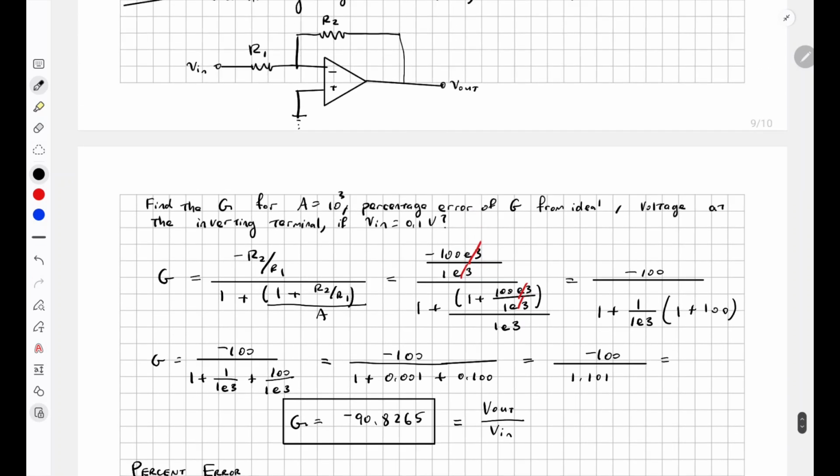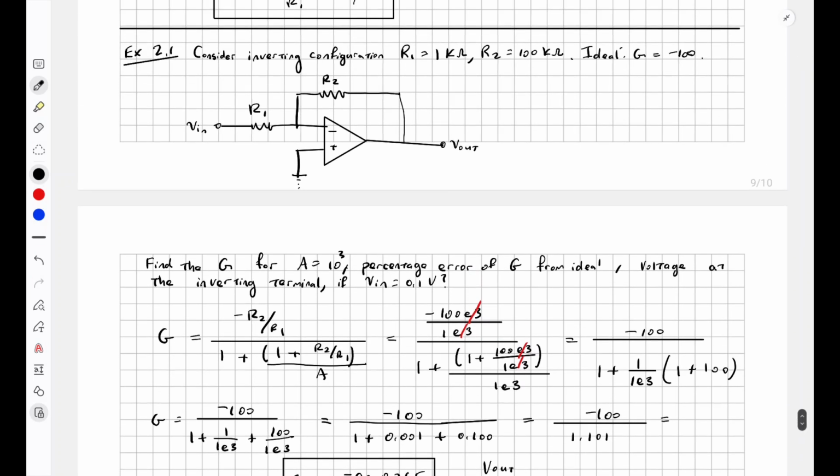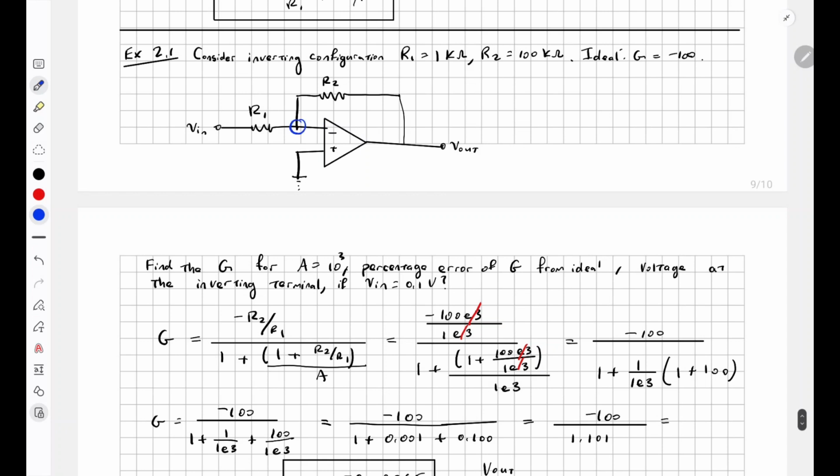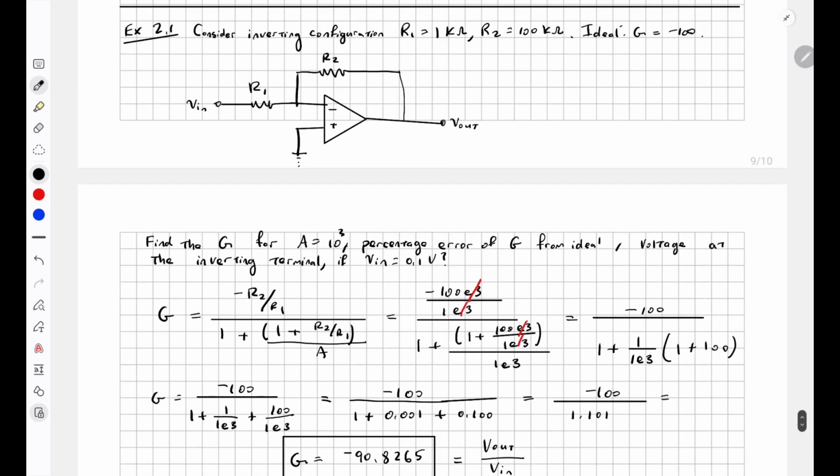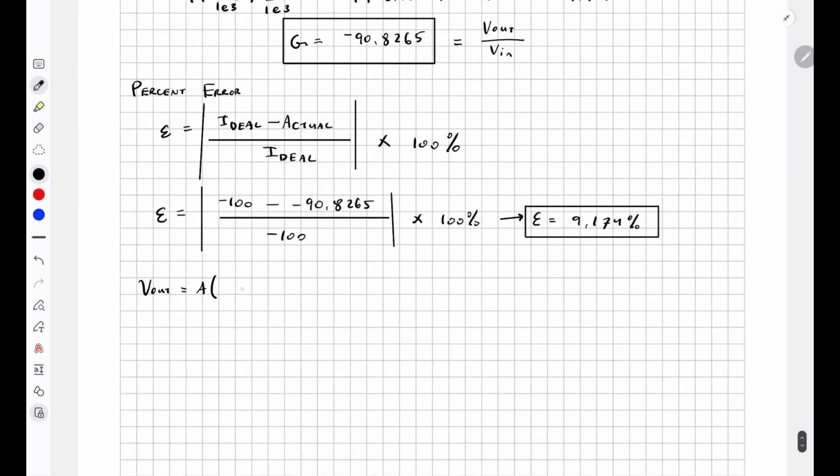Then there's one more thing they're asking: what is the voltage at the inverting terminal. The inverting terminal is this terminal here. So what is the voltage there if V in is fed with 0.1 volts? The same relation will always hold: V out for the op-amp is equal to open loop gain A times (V plus minus V minus).